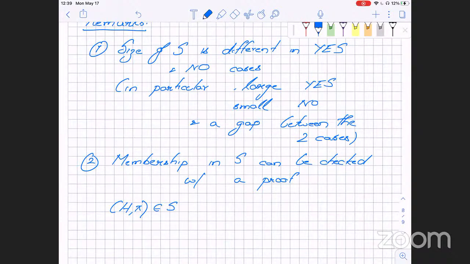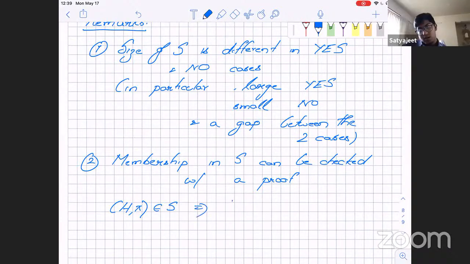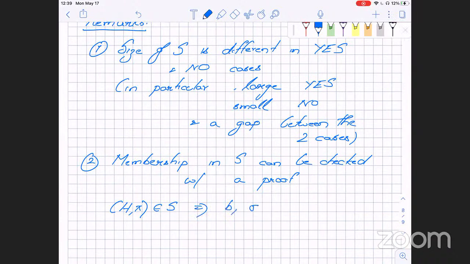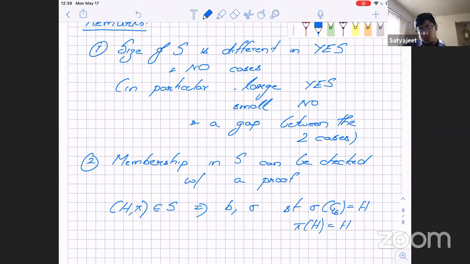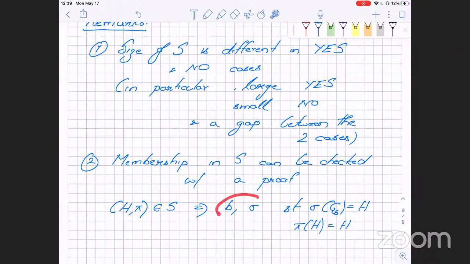You just give me b and sigma such that sigma of G_b is equal to H, and you also check that pi of H equals H. All of this can be done, so this is the NP proof.